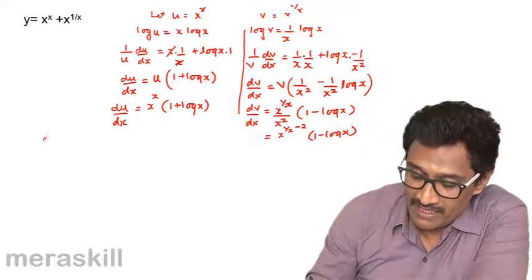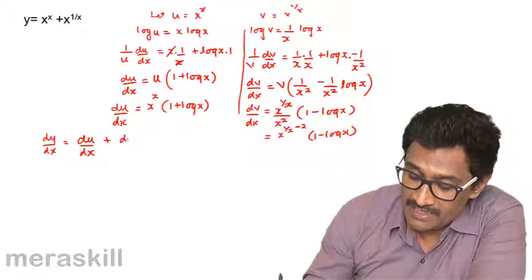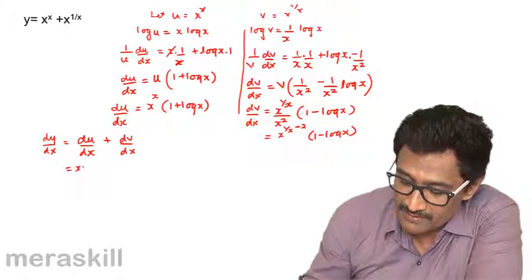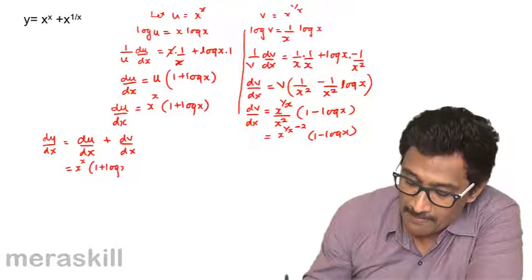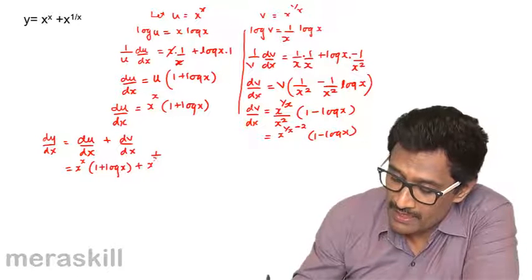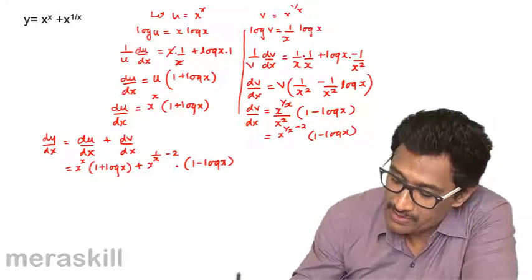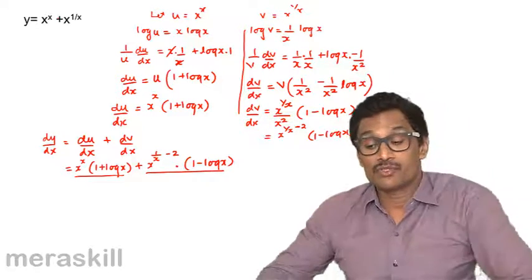Now dy by dx is nothing but du by dx plus dv by dx. So these things are ready for us. So this is x raised to x into 1 plus log x plus x raised to 1 by x minus 2 into 1 minus log x. So this is how we can find the derivative of these terms using the concept.